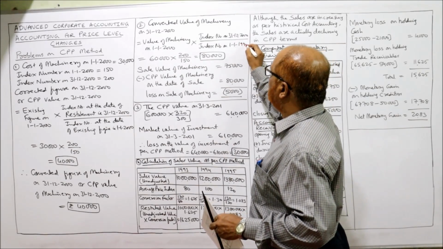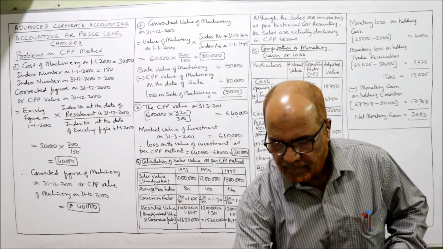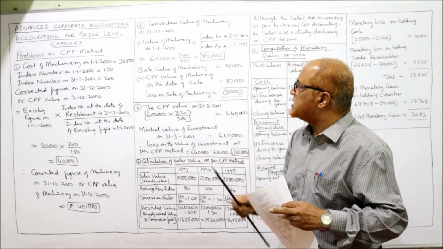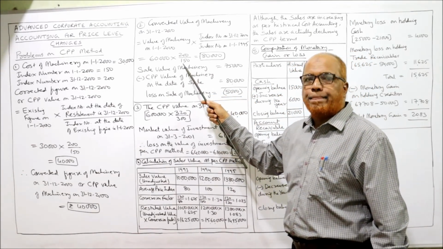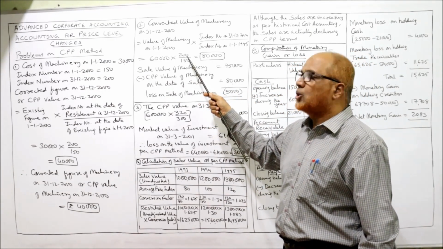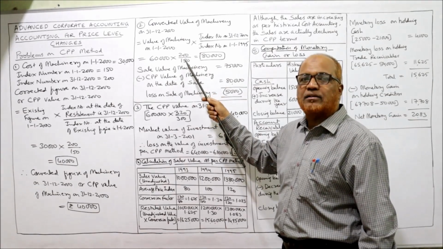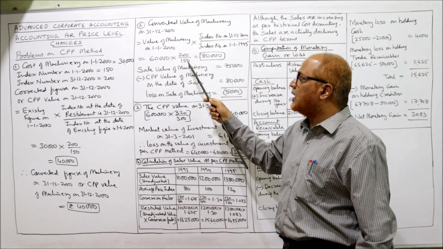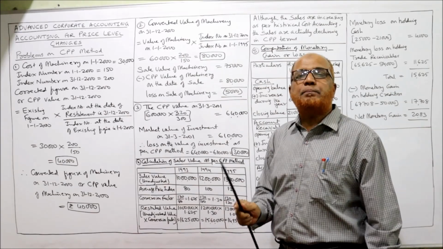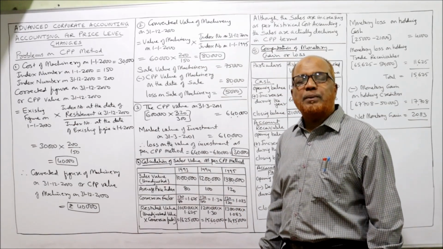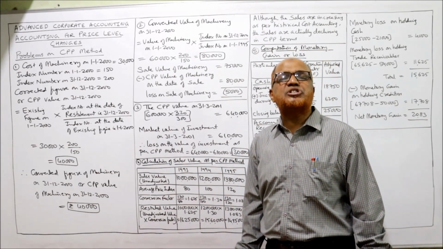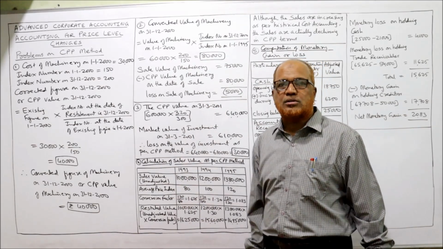On 1st January 1995 it is 150 and on 31st December 2000 it is 200. This is the correction factor. So 60,000 into 200 by 150, 80,000. The CPP value at the end of the year, 31st December 2000, is 80,000.